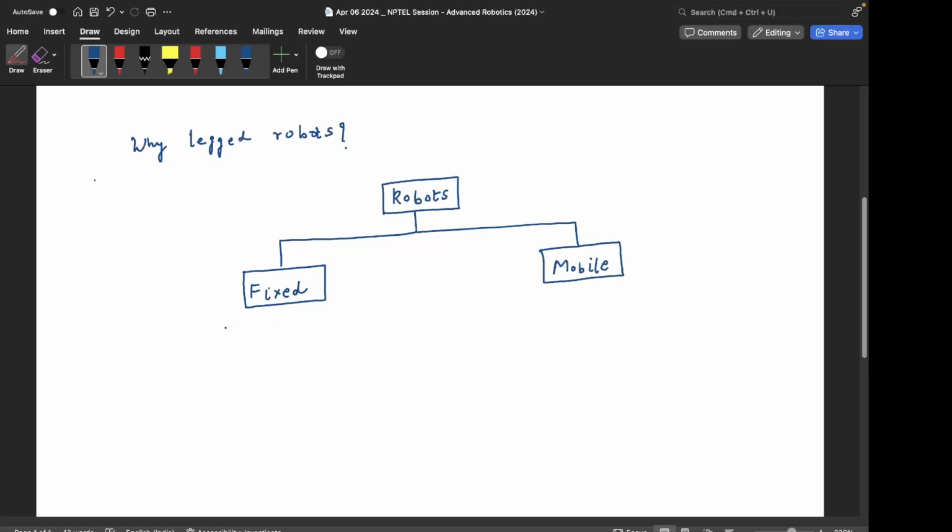So fixed is they can't go anywhere, right? So the example being fixed base manipulators.